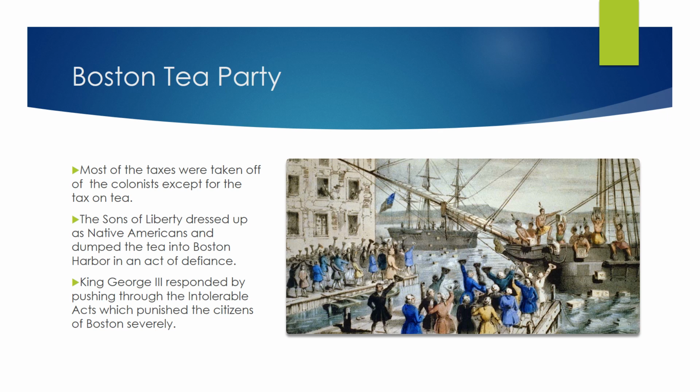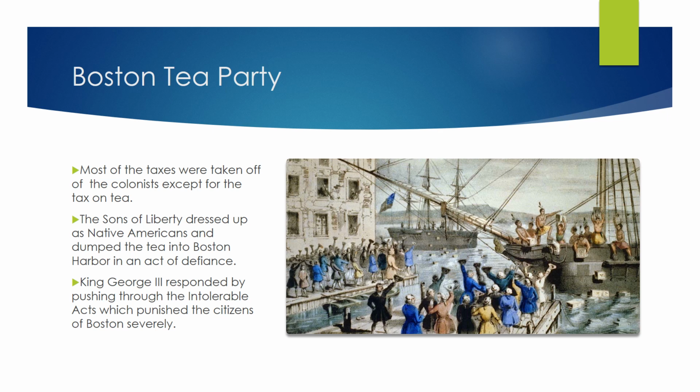The Intolerable Acts renewed the Quartering Act, which forced people of Boston to house British soldiers. So if a group of soldiers needed to use your house to sleep and eat your food, you basically had to allow them to do so. And these acts, especially the closing of the port, destroyed the livelihood of many people of Boston.